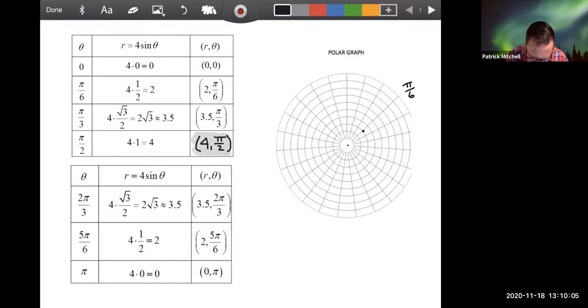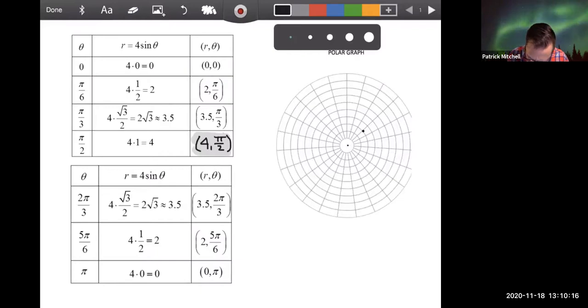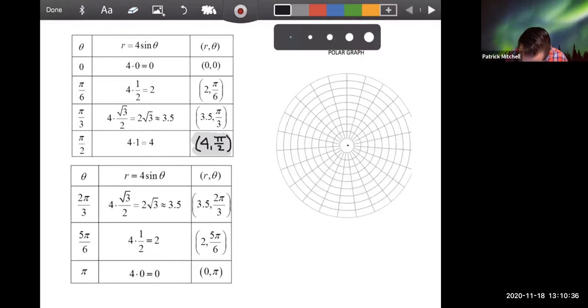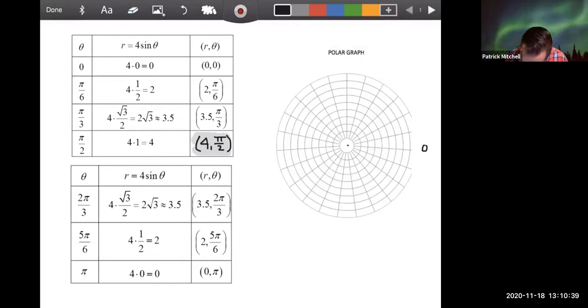Oh, wait a second. I don't think I've ever used this particular polar grid before. I'm just trying to make sure I know which angle is which here. This is a little funky. Okay, so let's say this is 0. Then 1, 2, 3, 4, 5, 6, that would be pi over 2.